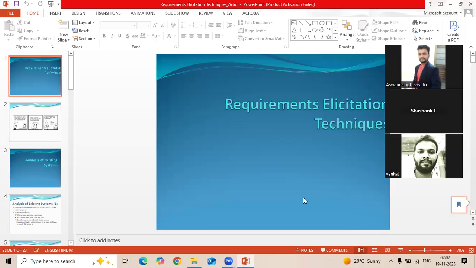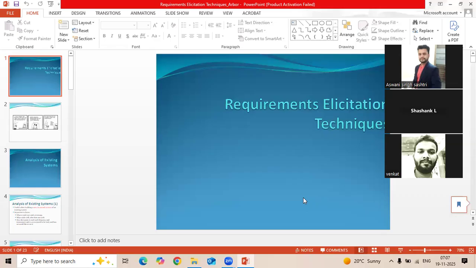But if we have a large set of people, it is not possible to check with them one by one and take the requirement. In this case we need to have a workshop kind of thing. So these requirement elicitation techniques define how we should take the requirement.